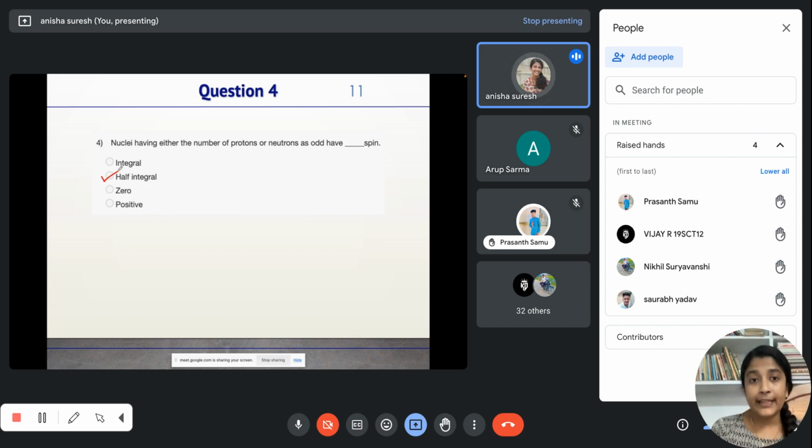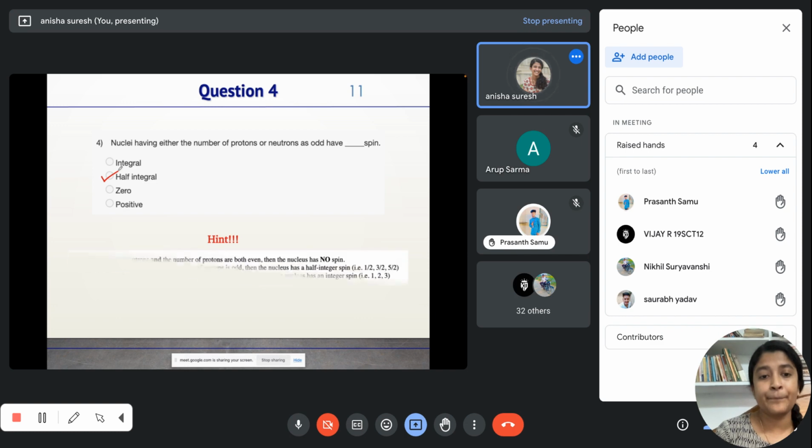So we can see a hint of why it is half integral. If the number of neutrons and the number of protons are both even, then the nucleus has no spin.